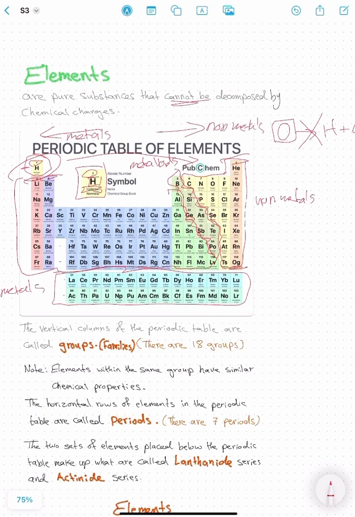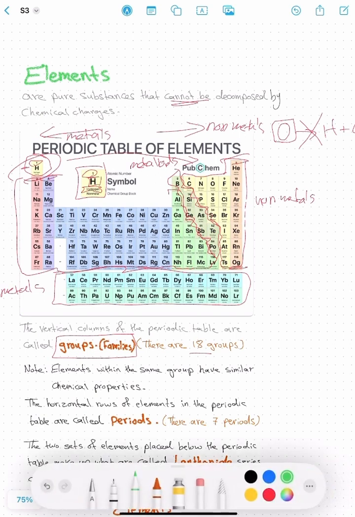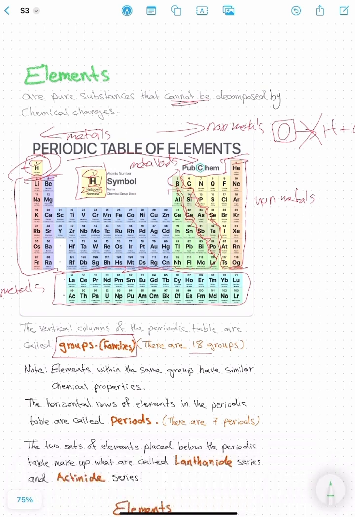Okay. Other than this, we have some things we have to know about the periodic table, that we have groups, or we call them families, and we have exactly 18 groups. Vertically, the columns, so for example, let me use another color. The first column is the first group.